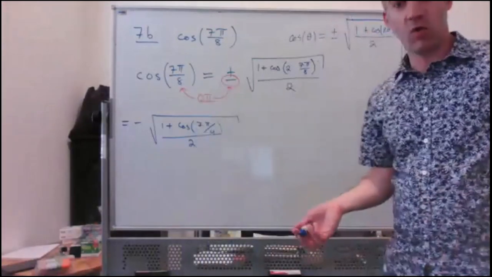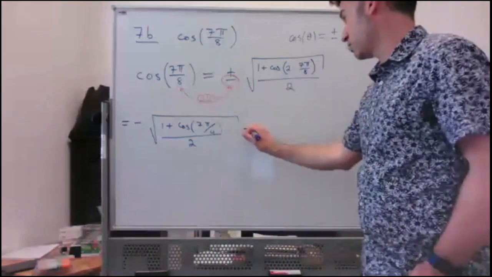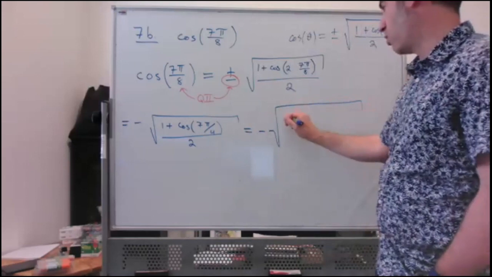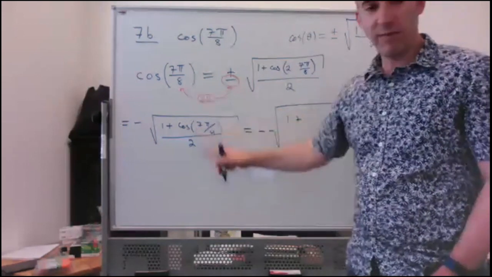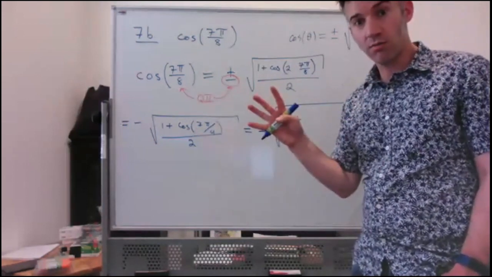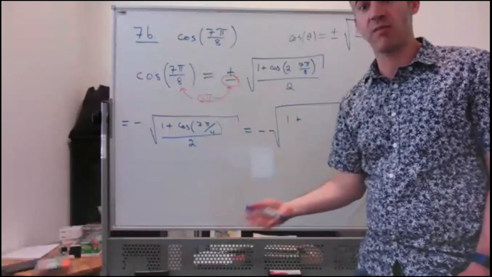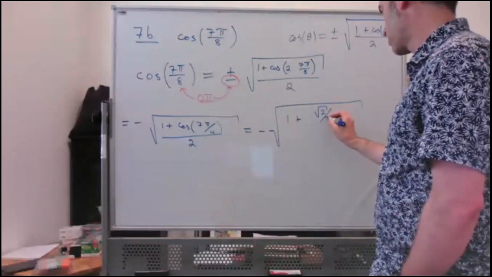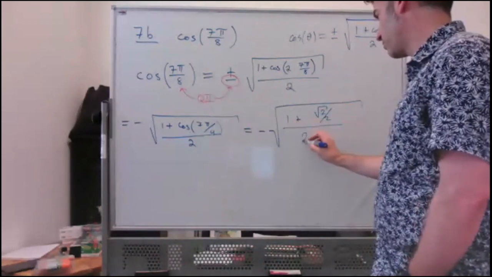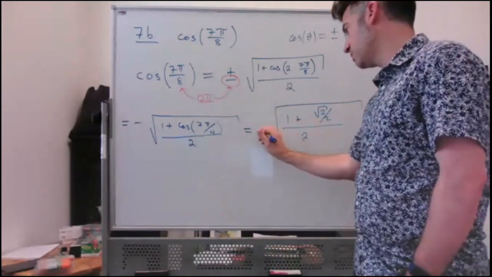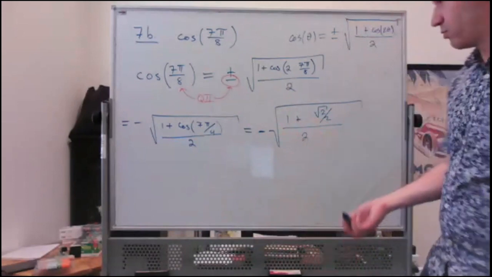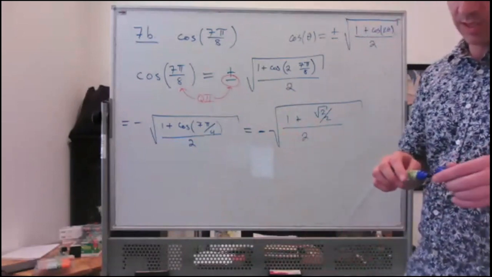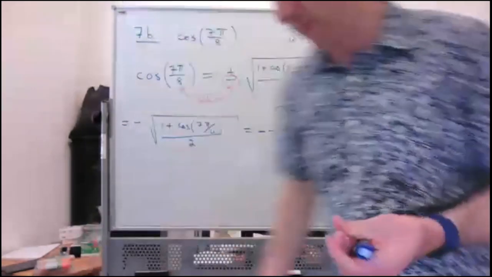It just depends on what quadrant the angle is in. 7 pi over 4 is in quadrant 4, so cosine of 7 pi over 4 is going to be positive root 2 over 2, all over 2. And if you didn't simplify this, you probably wouldn't miss very much credit. But I do want you to simplify as much as possible because it is fairly standard.